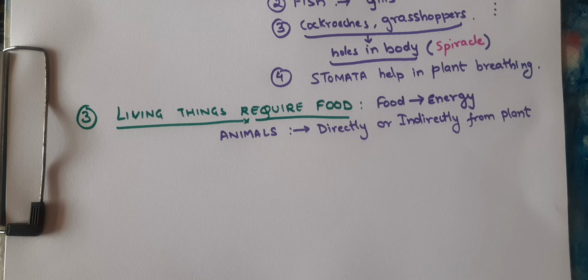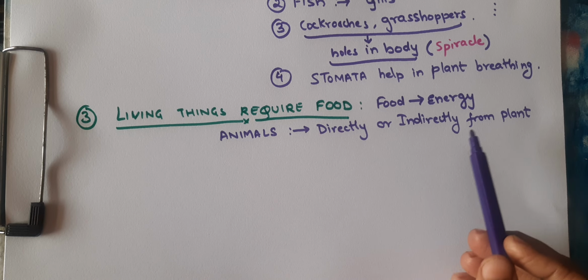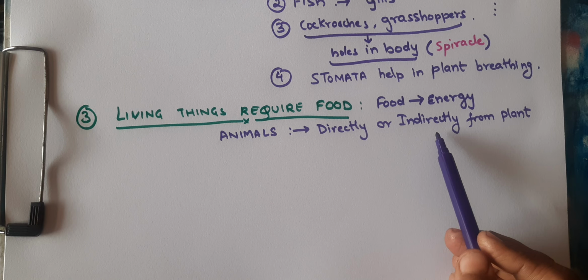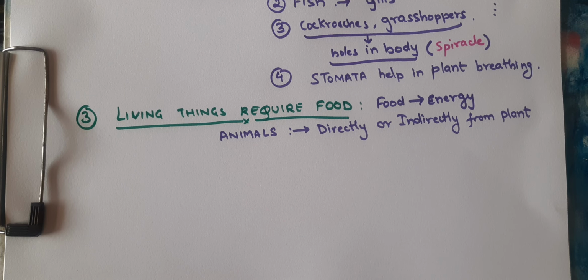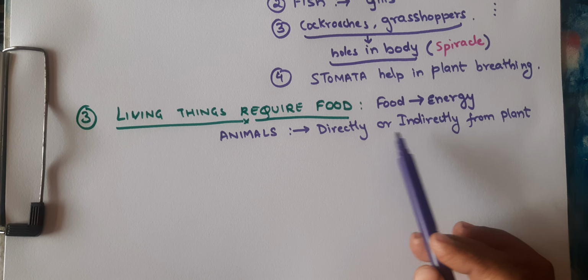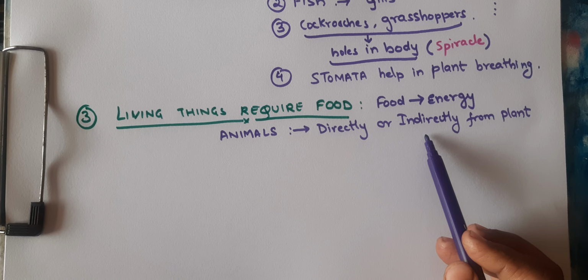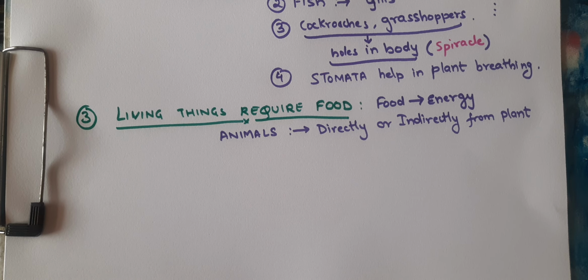And indirectly means like cow or sheep or goat, it will eat the plant, and it is healthy, it will gain some weight, and it will be alive, and that animal will be eaten by another animal, that is the lion. So directly or indirectly, the animals, they will get their food from plants.